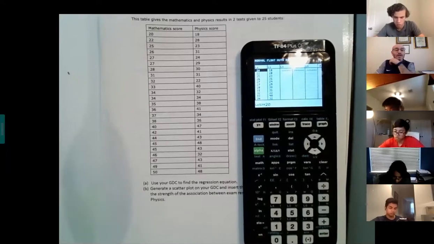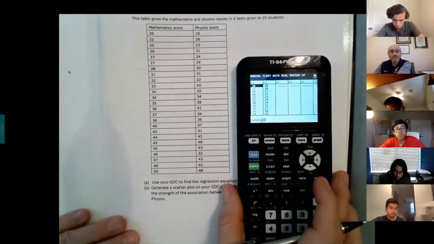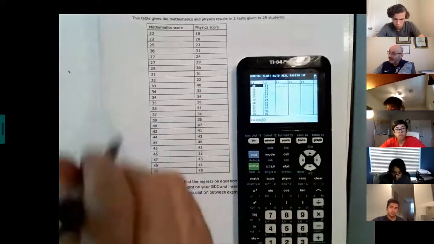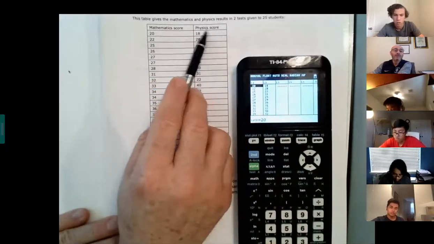All right. So I'm going to say that you entered the data. And I know you probably haven't, but just to try to at least finish this part. So I entered the data. L1 is the first column, the math scores, and L2 is the physics scores.